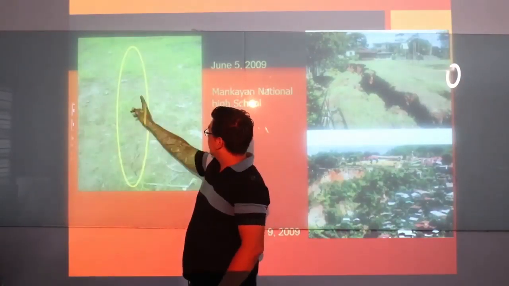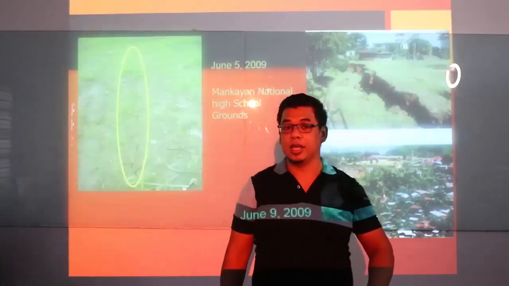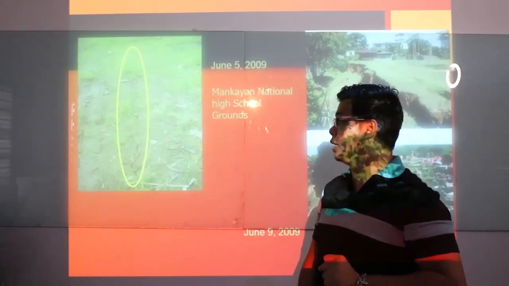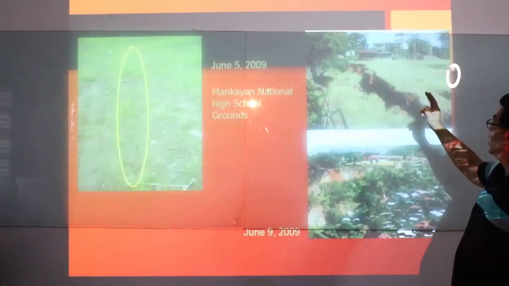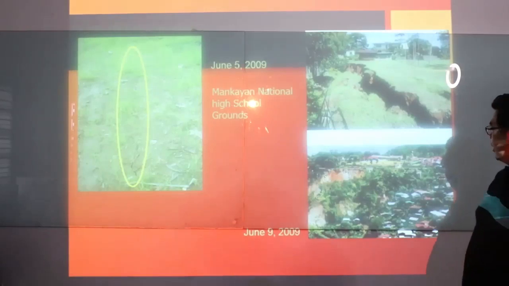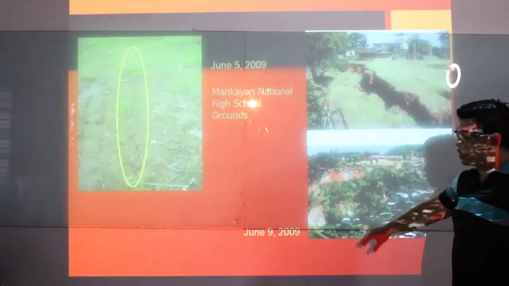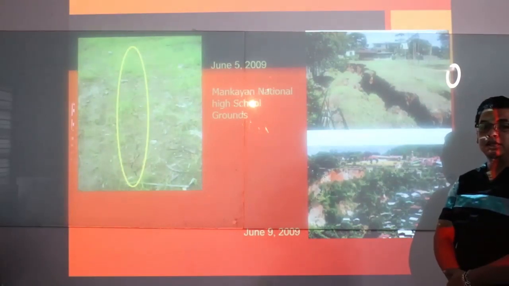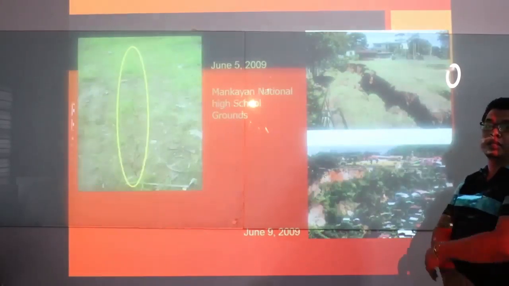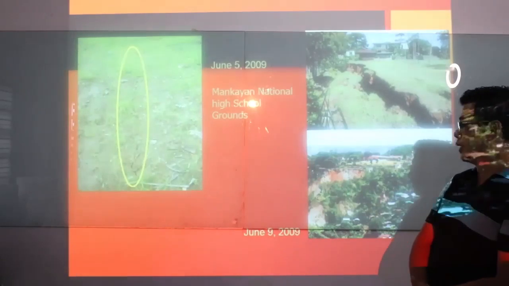You can see cracks from the land formation here, indicating what we call a displacement of the weight. And also, one indicator is this one, the huge crack, and that will serve as an indicator of a greater disaster. Right? Many communities will be affected by this type of disaster.